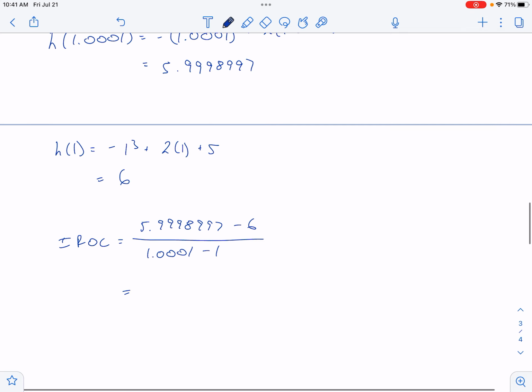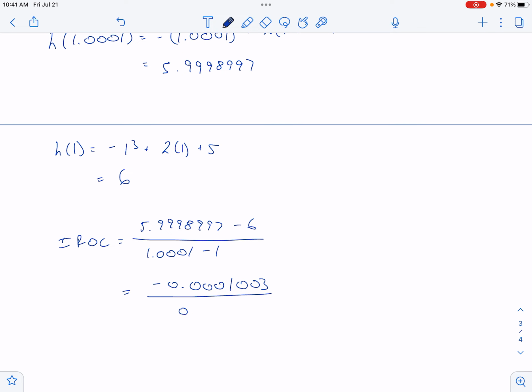Type into my calculator, 5.99989997 minus 6. I have −0.00010003 divided by 0.0001. My answer is −1.003.